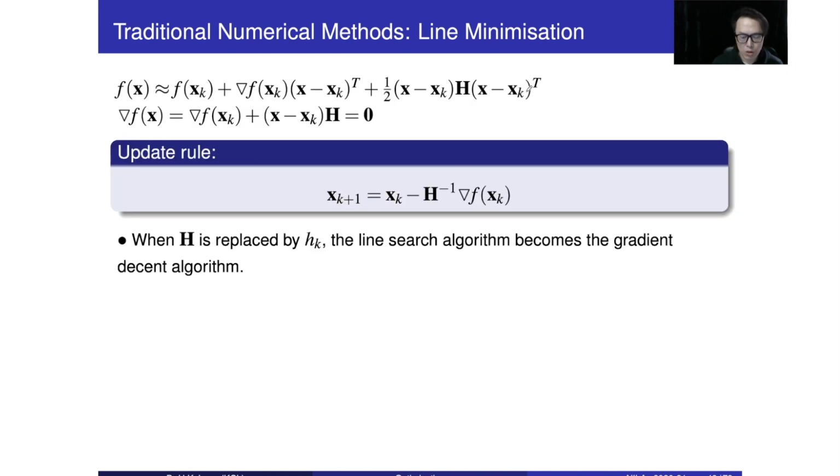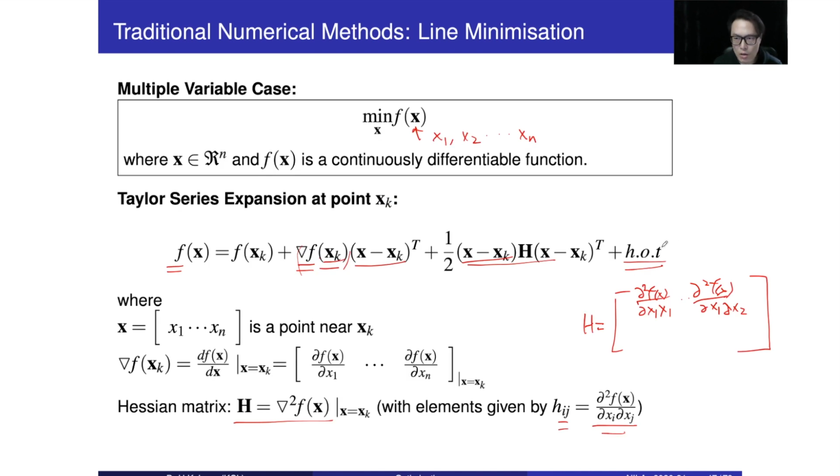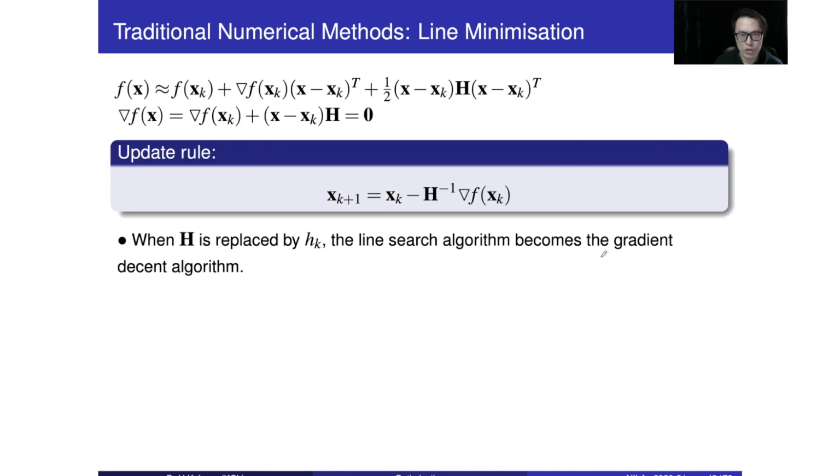Now move on to the next step. We remove the high order term and focus only on the first three terms. The f of x can be approximated by these three terms, and then we take the gradient of f, because we are talking about the same thing as in the single variable case. That means when we talk about the stationary point, it happens when the gradient equals 0.